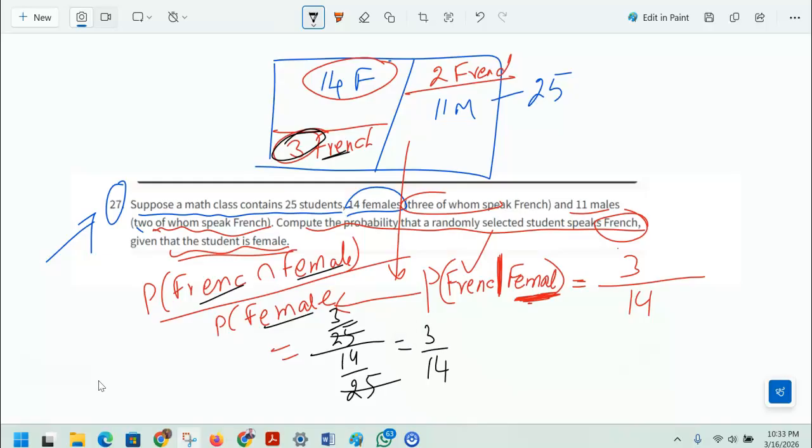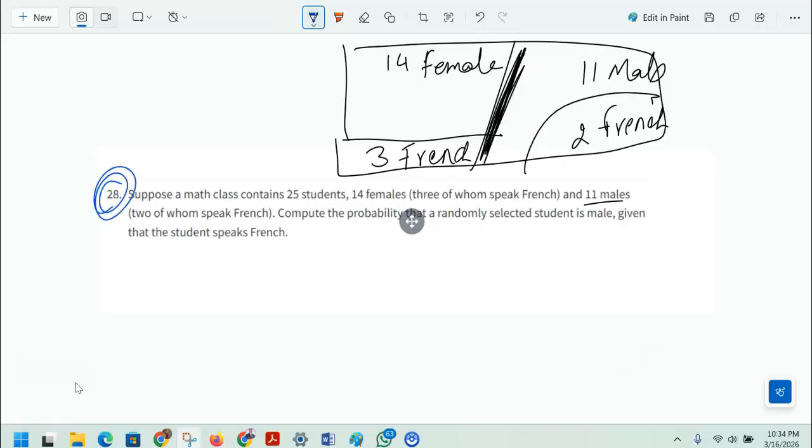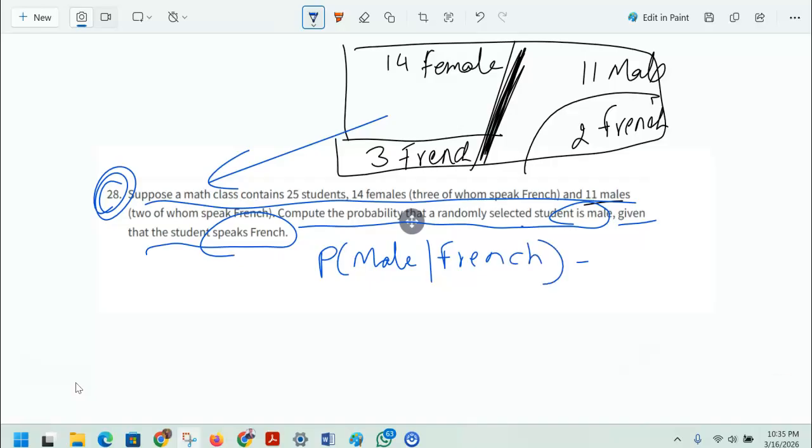And let's do the last one. So final question, and that's the last one. I'm so tired. It says everything remains the same except the last question is the probability that the selected student is a male, given that the student speaks French. We already know the student speaks French.